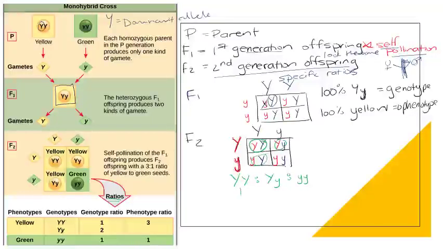Here we've got one of these is to two of those is to one of those. If we want to do it percentage wise, we can then say there's 25% homozygous dominant is to 50% heterozygous is to 25% homozygous recessive. That is your genotype.